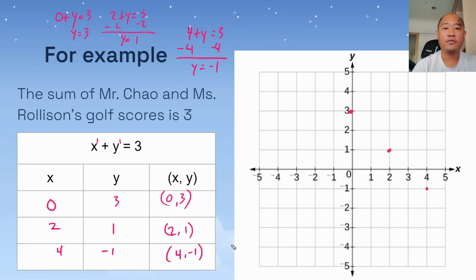And so with a graph, you can see a pattern emerging, and then you can see the relationship between the x and the y, and you can use the graph to figure out what any answer is going to be. The only thing is, your graph has to be drawn correctly.